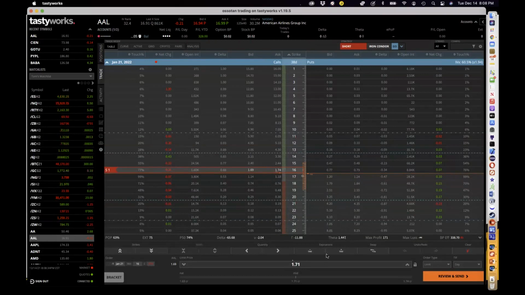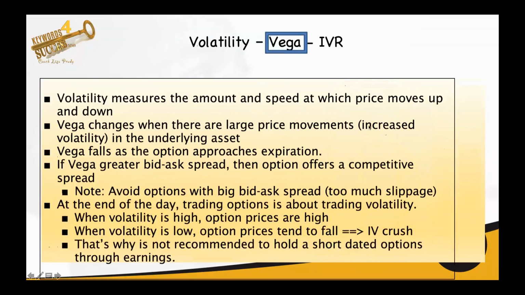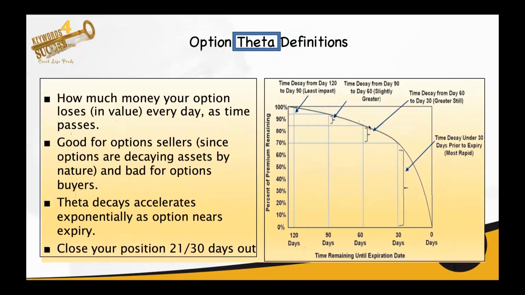Okay, so know what this means. And if you look at the theta curve, the more you go towards expiration, the faster your time decay increases, right? That's why I never buy an option for less than 45 days. Never, because it's losing money. That's the second element of options.